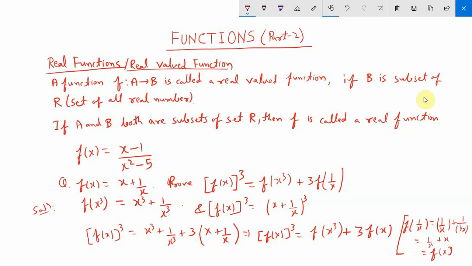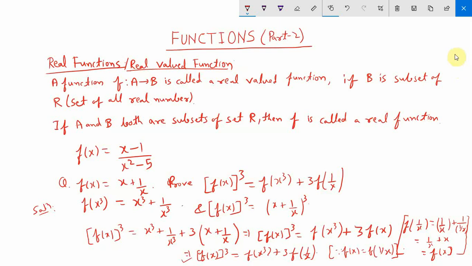So this relation we will use, f(x) equal to f(1 by x). So (f(x)) whole cube is equal to f(x cube) plus 3 into f(1 by x). This we are using since f(x) equal to f(1 by x). Okay, so this is what we have to prove.